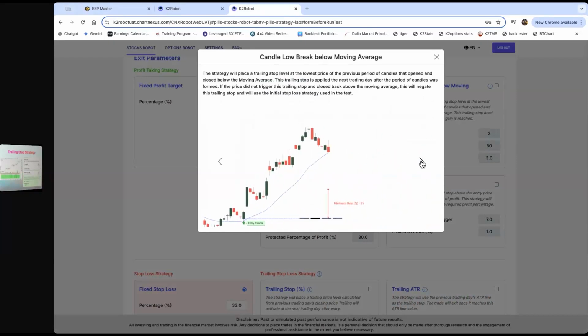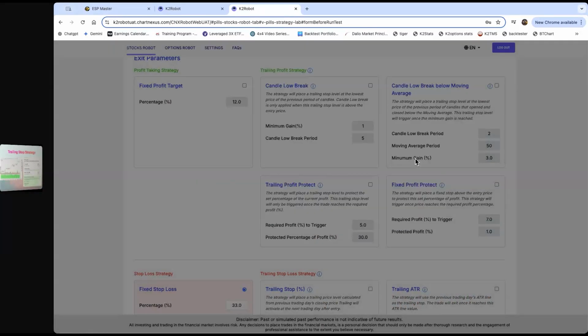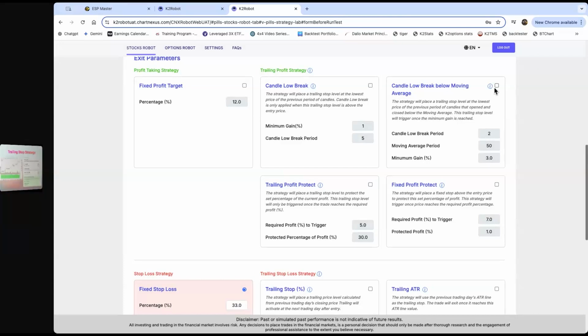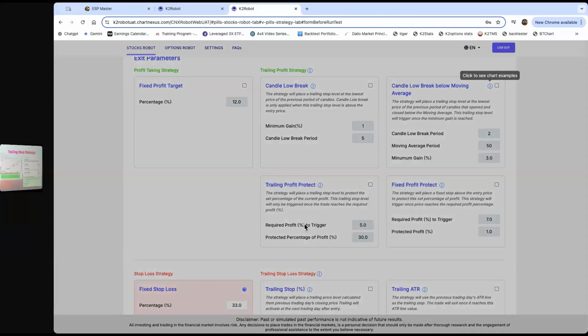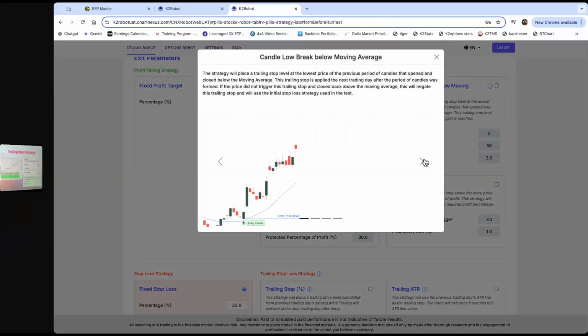You need to specify a minimum gain over here. In this example, it must achieve a minimum gain of 5%. That means the stock price must go up by 5% before it starts to use the moving average to trail your profit for you.